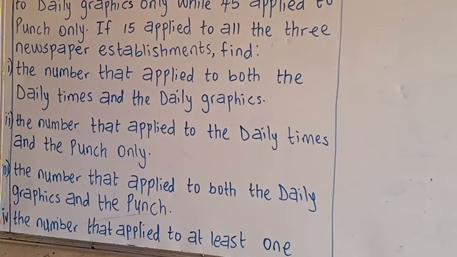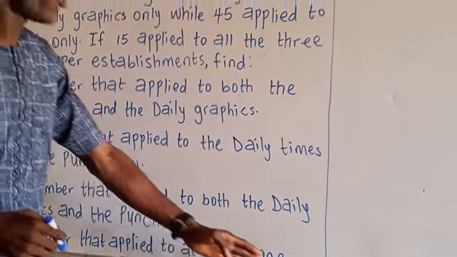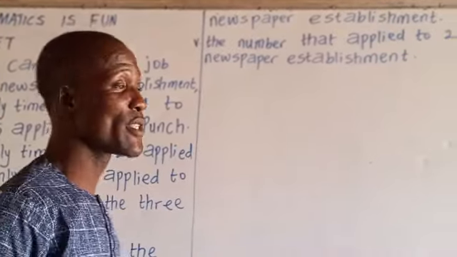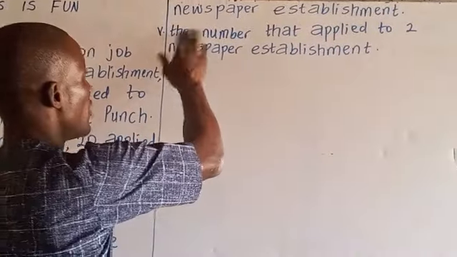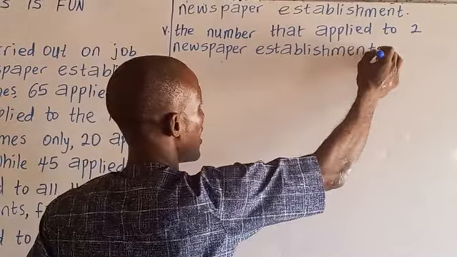Then the fourth question is the number that applied to at least 1 newspaper establishment. The last question, the number that applied to 2 newspaper establishments.